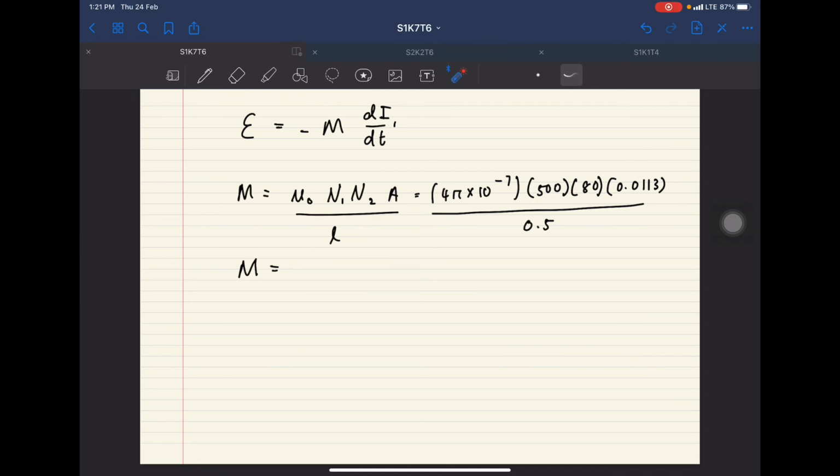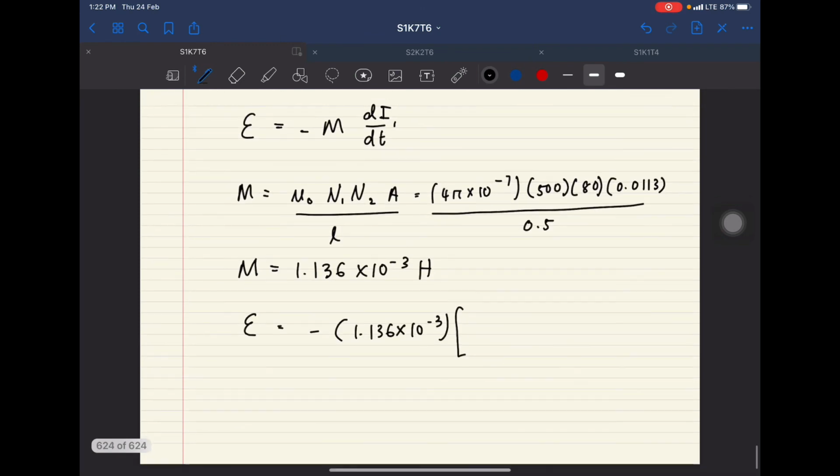Here I got 1.136 times 10 to the power of negative 3, and the unit will be Henry. Okay, epsilon here, values for mutual inductance M multiplied by di dt, which is equals to 2.3.